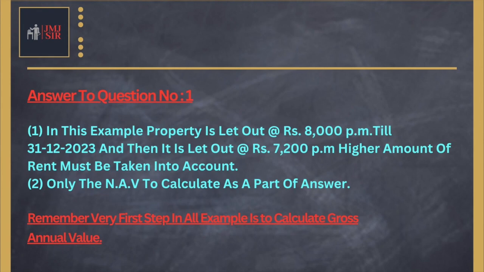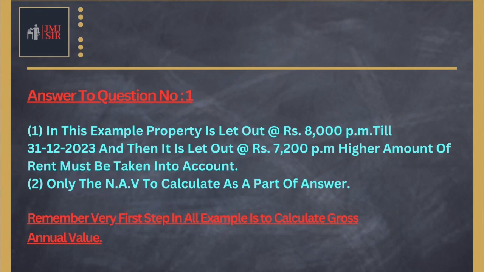Now, let us see the answer to question number 1. In this example, the property is let out at rupees 8,000 per month till 31st of December 2023, and thereafter it has been let out at rupees 7,200 per month. For the computation of the taxable income from the house property, the higher amount of the rent must be taken into account.